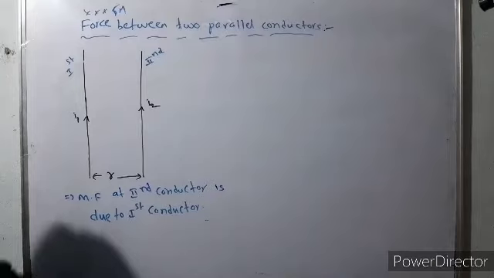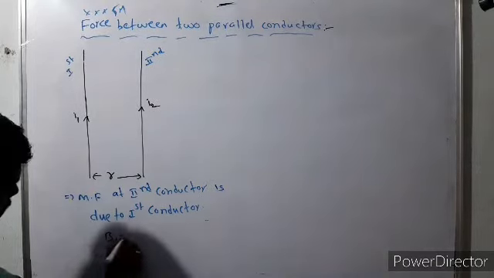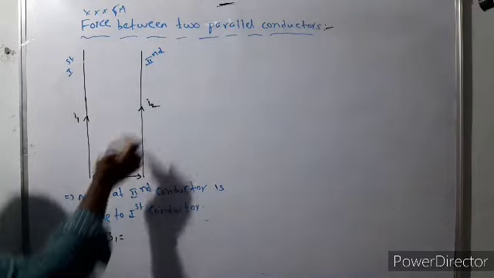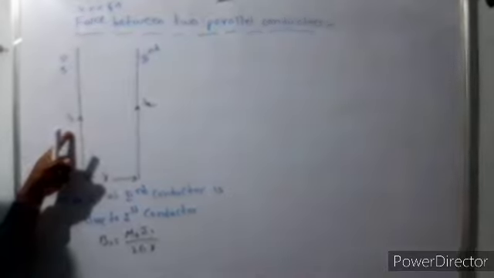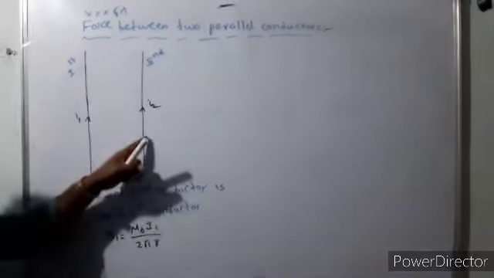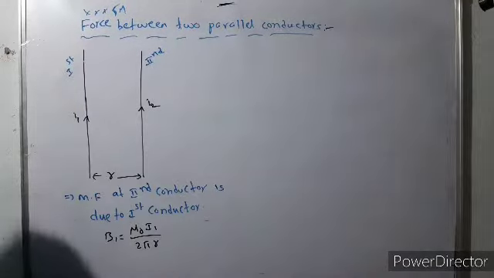It will be B1. B1 is the magnetic field due to the first conductor at the second conductor. The second conductor is at a distance r from the first conductor. Therefore, at a distance r from the first conductor, the magnetic field is mu naught I1 divided by 2 pi r. This is the magnetic field at the second conductor: B1 equals mu naught I1 by 2 pi r.